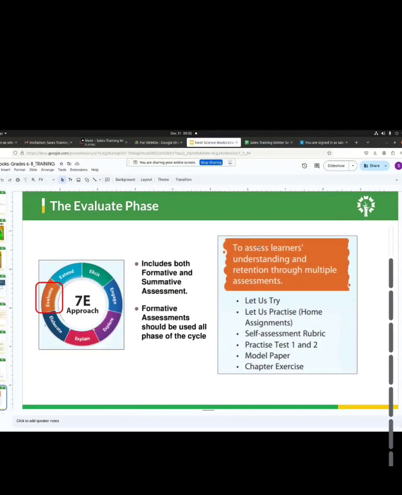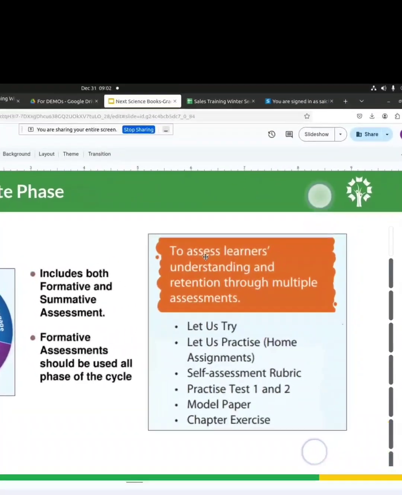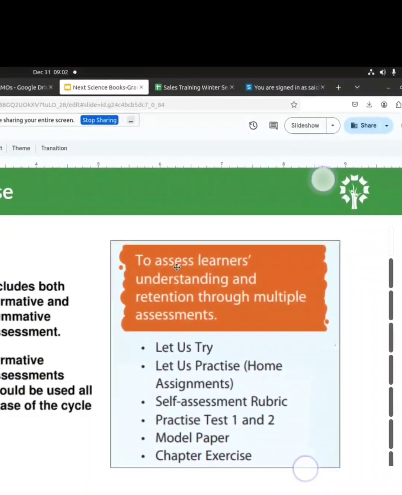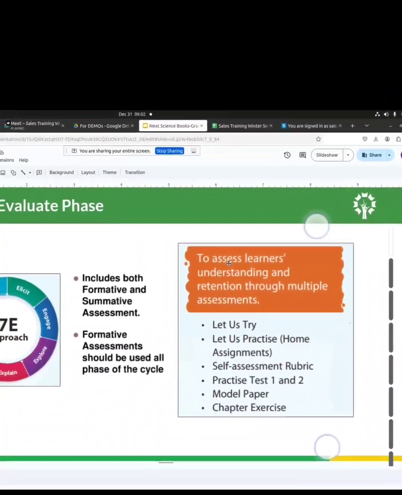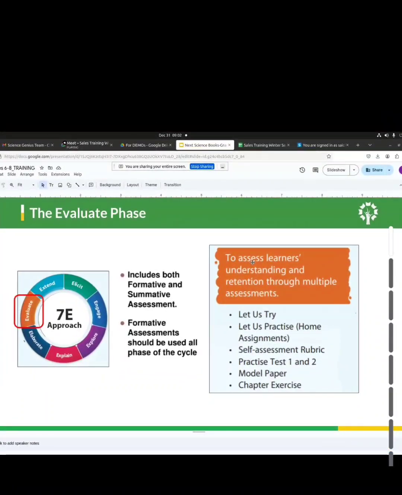Now coming to evaluate. As you already know, evaluate is about assessing the learner's understanding, that whatever they have read in the chapter, we are trying to assess that knowledge. There are multiple forms of assessment given in our next science book in the form of let us try, let us practice, which are the home assessment, self-assessment rubric, practice test papers, model papers, chapter exercise.